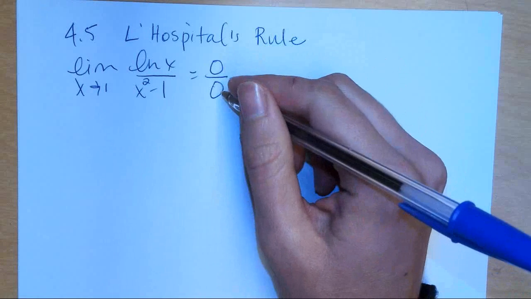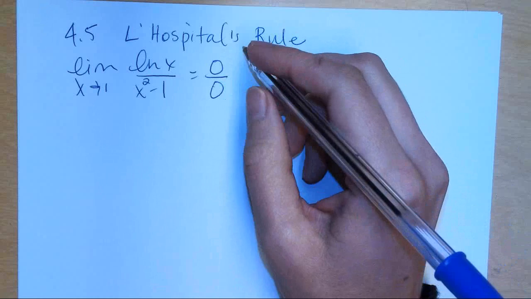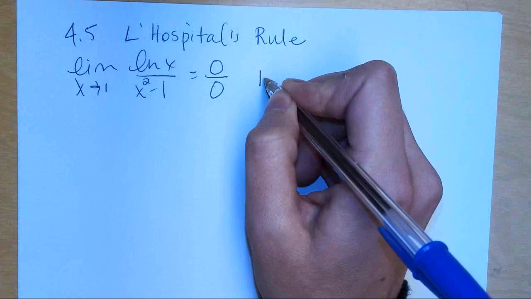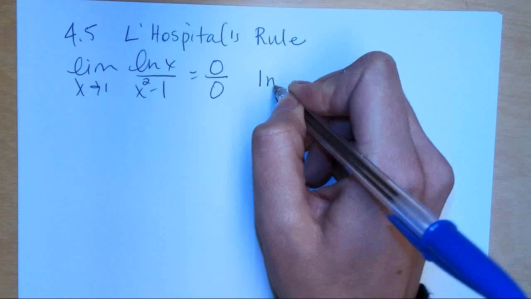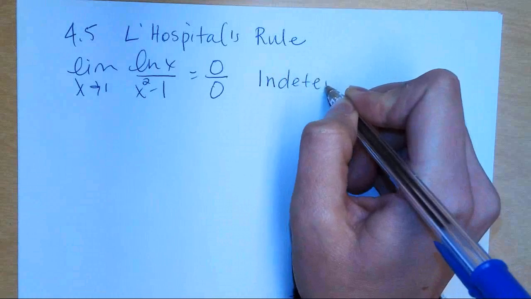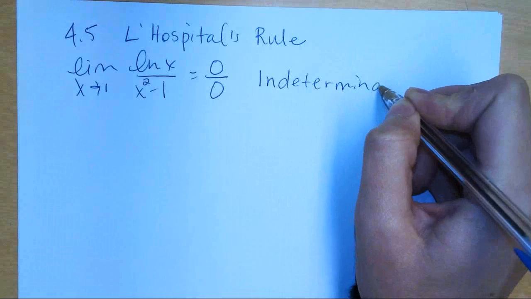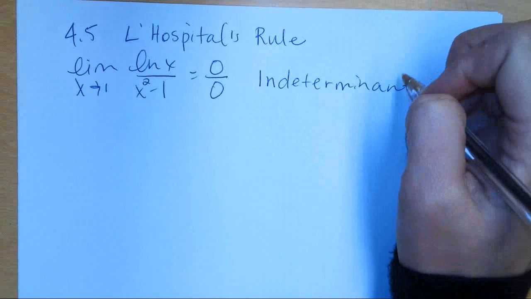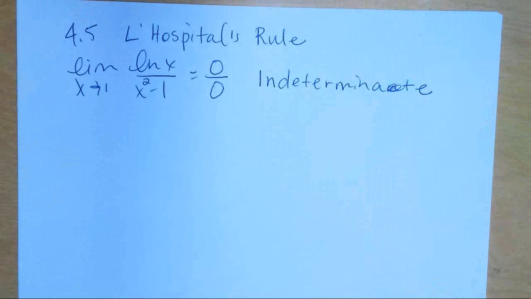What's it called? Starts with an I. Oh, it's indeterminate form. Indeterminate form. Alright, so here's what we're going to do.